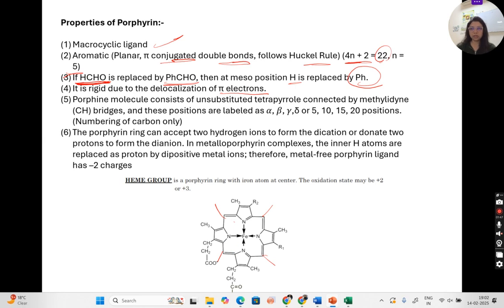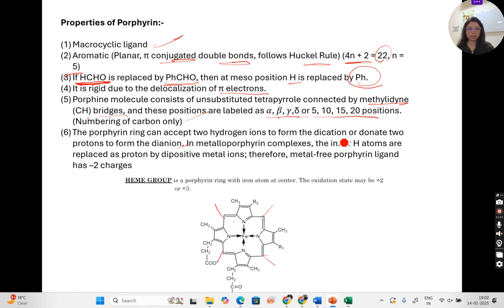The porphyrin molecule consists of an unsubstituted tetrapyrrole connected by methine CH bridges, and these positions are labeled alpha, beta, gamma, delta, the 5, 10, 15 positions, numbering of carbon only. The porphyrin ring can accept 2 hydrogen ions to form a dication or donate 2 to form the dianion.